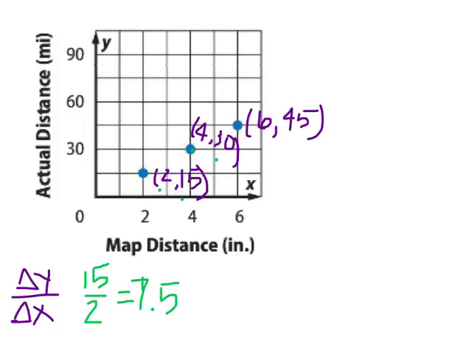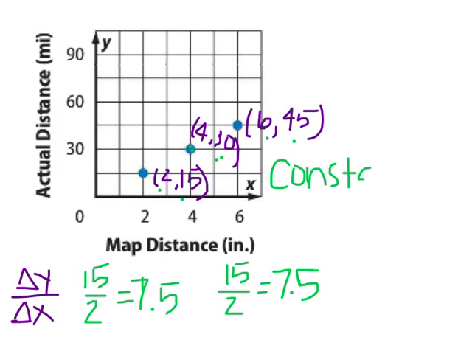And if we go from 4 to 6, that would be a change in 2. So from here to here, it's a change in 2. There to there, 15, which is 7.5. So that's going to be a proportional relationship because the constant rate of change is 7.5.